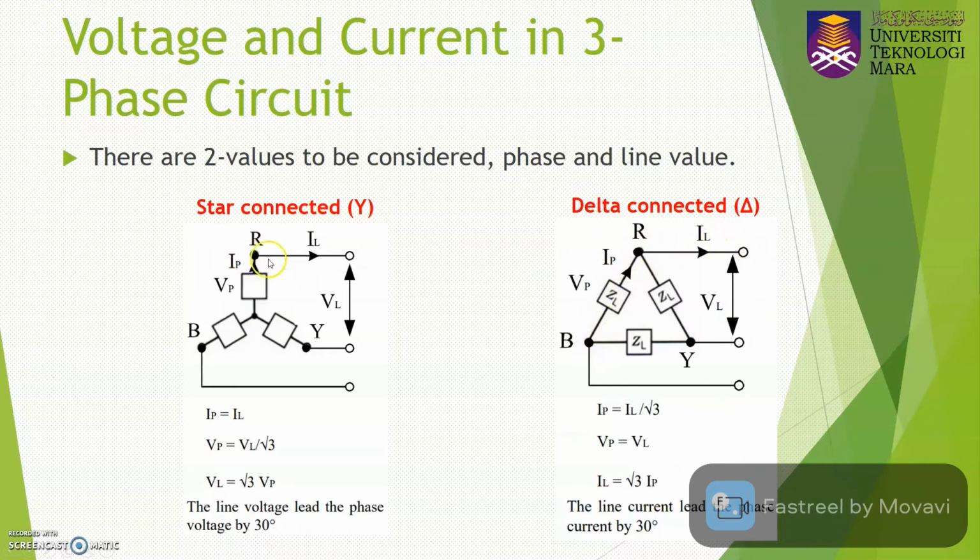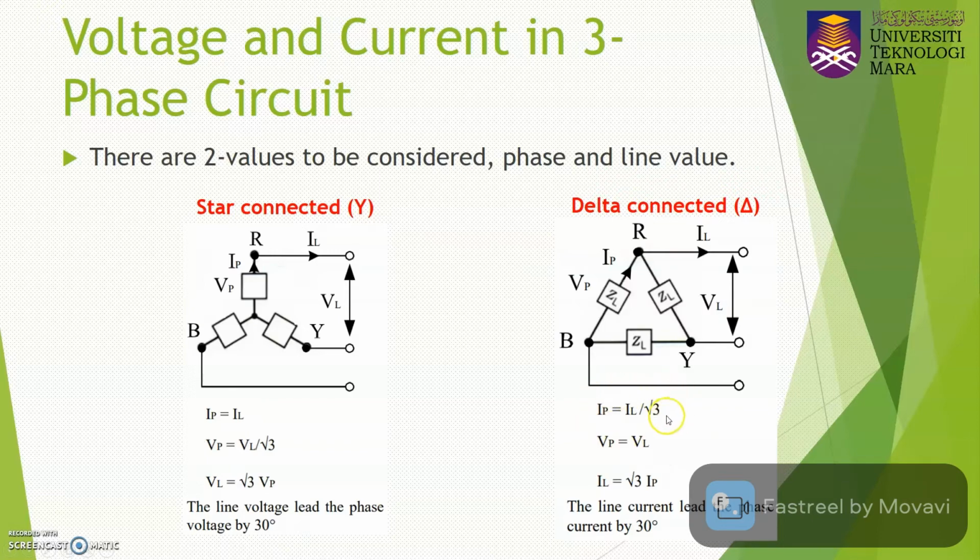But here at star, I phase is equal to I line, right? So in the delta case, I phase is equal to I line divided by square root 3. But V phase, which is from this point to this point, is equal to V line. For delta connected, V phase equals V line.